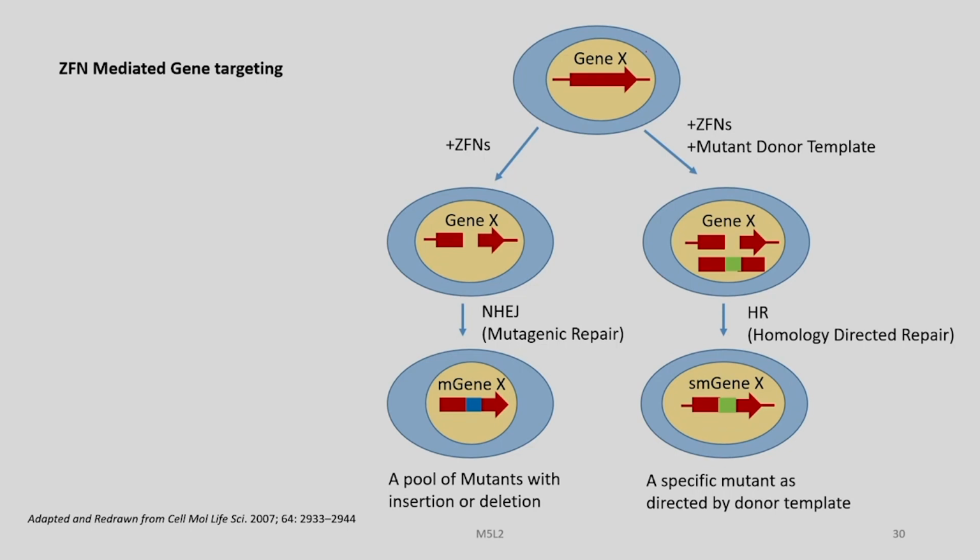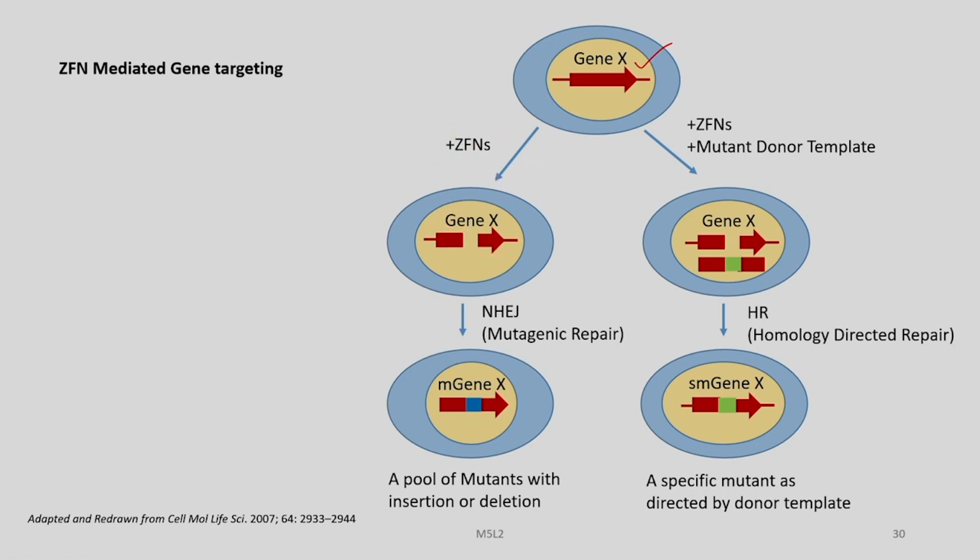So, there is a gene X as you can see in this picture, and then we expose it to zinc finger nucleases, which will generate a double strand break in this gene because the zinc fingers that we have designed bind to the sense and the antisense strand, and the ZFNs dimerize to generate this double strand break.